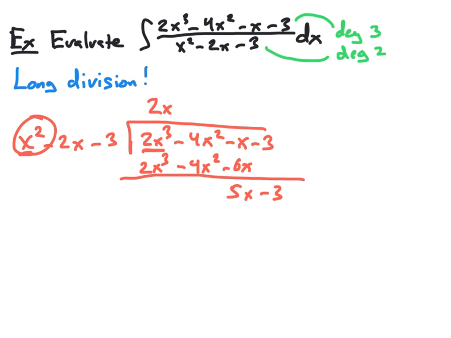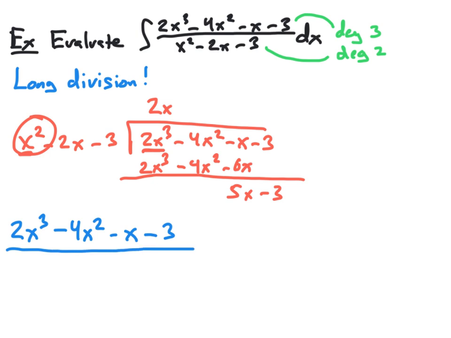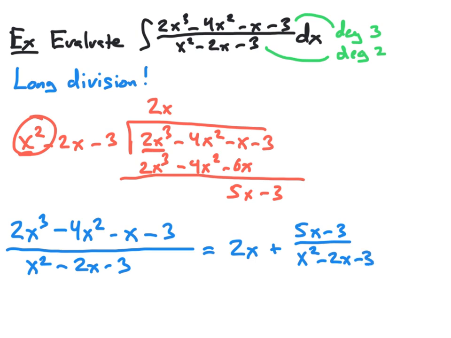What this long division algorithm has shown us is that our original function, 2x cubed minus 4x squared minus x minus 3 over x squared minus 2x minus 3, can be written as the quotient 2x plus our remainder 5x minus 3 over our divisor, x squared minus 2x minus 3.